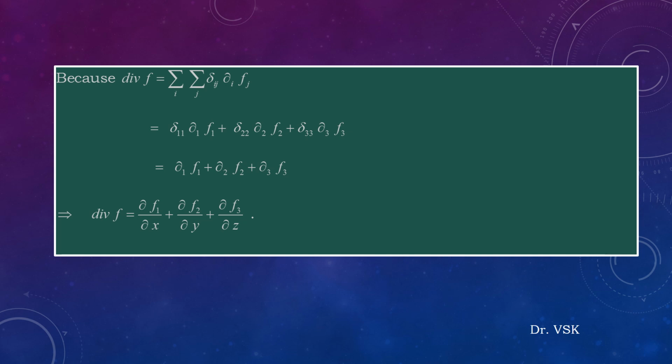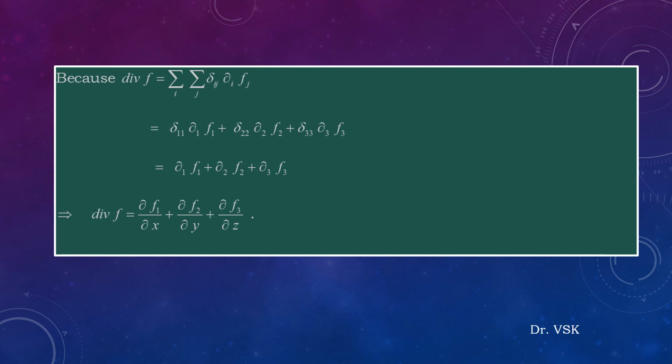Here delta 1 1 equals 1, delta 2 2 equals 1, delta 3 3 equals 1, but the remaining deltas, delta 1 2, delta 2 1, delta 3 1 etc. are all equal to 0. So this expression reduces to delta 1 1 dou 1 f1 plus delta 2 2 dou 2 f2 plus delta 3 3 dou 3 f3.